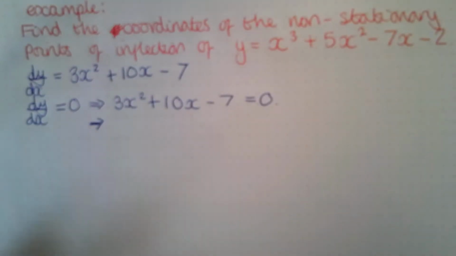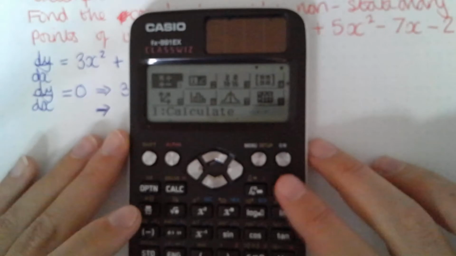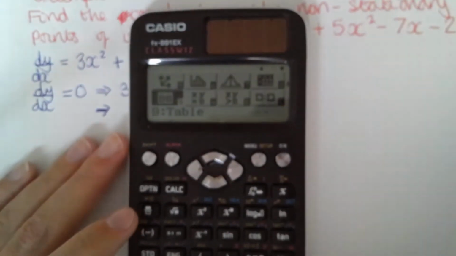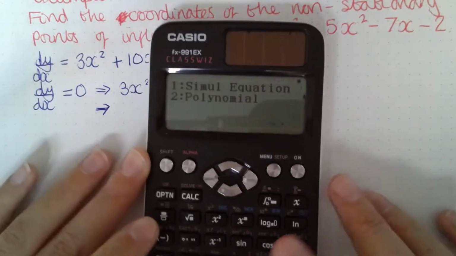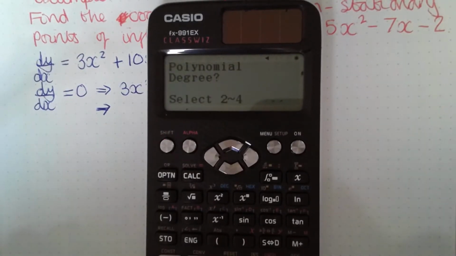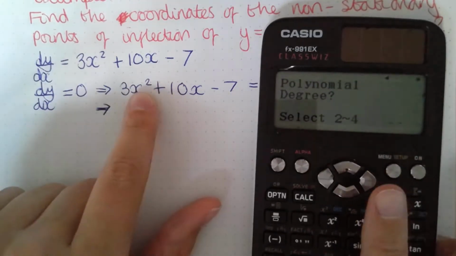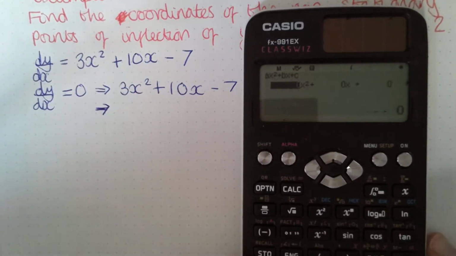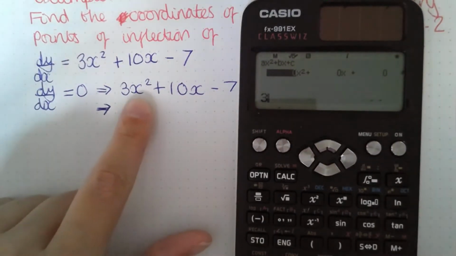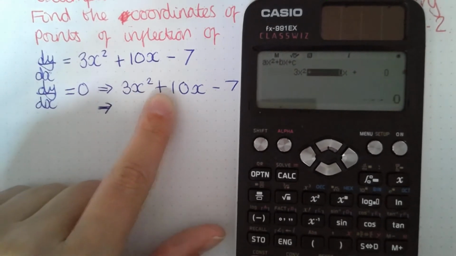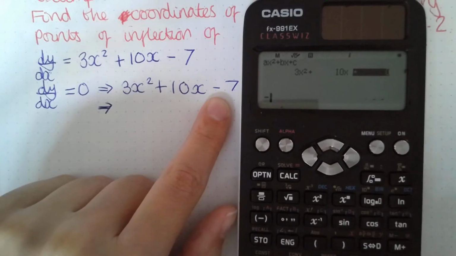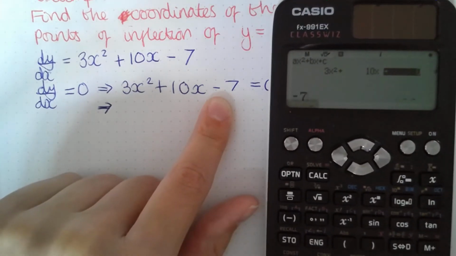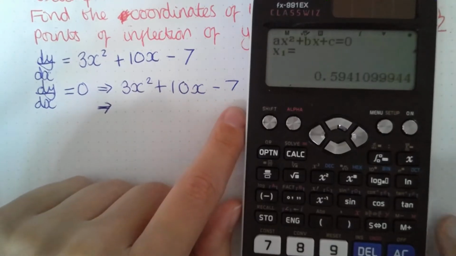So on our normal calculator, the ClassWiz, we're using equation and function. Number 2 for polynomial. Degree, the highest power of x is 2. So we've got 3x squared equals, and then 10x equals, and then negative 7 as our constant equals again.